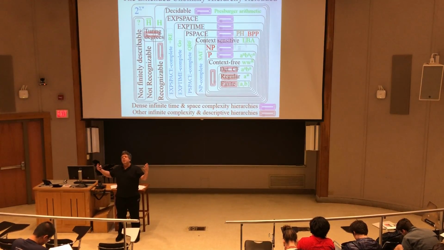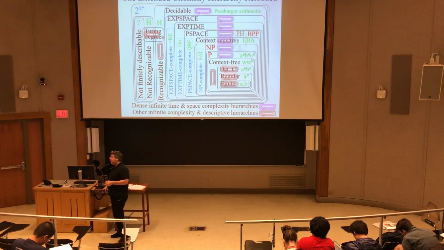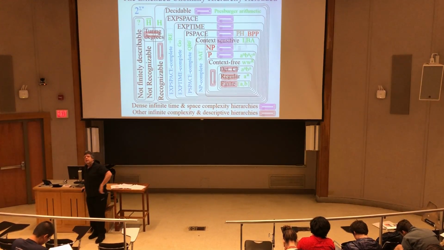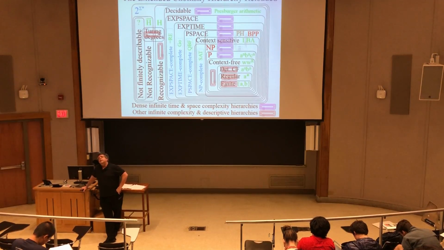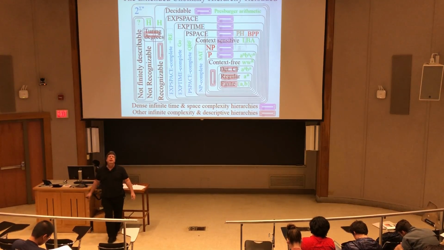So the more you can do, the more power you have, but the more issues you can have too, like undecidability and the halting problem not having an algorithmic solution and so on and so on. So with great power comes great responsibility, right?